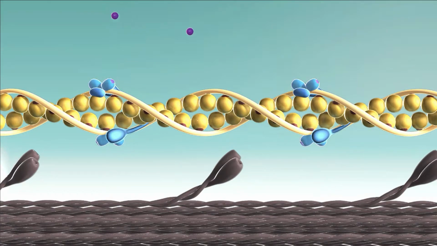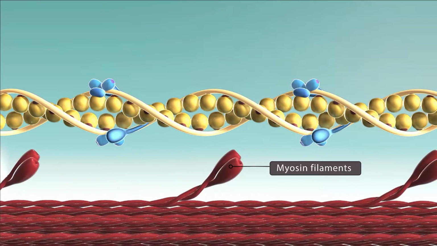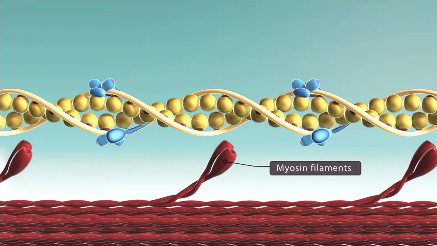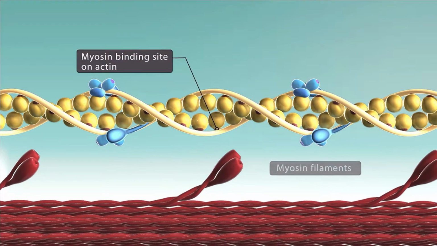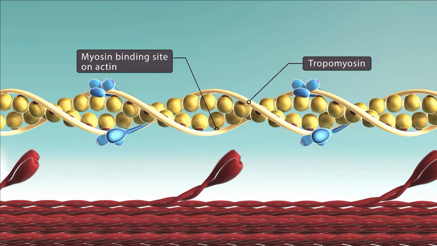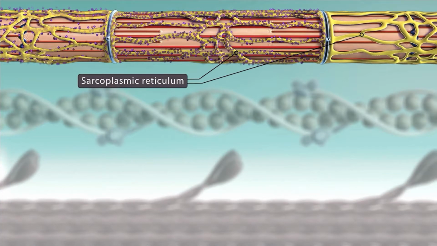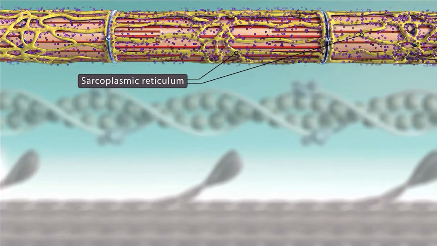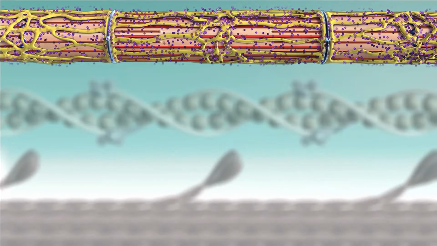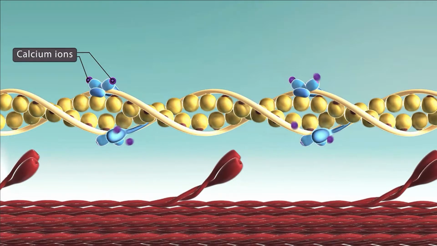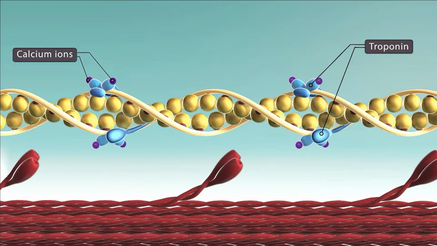In the absence of calcium, the myosin filaments are prevented from binding to actin filaments because the binding site on actin for myosin is covered by tropomyosin. However, when the sarcoplasmic reticulum is stimulated, it releases calcium into the sarcomeres. The calcium ions then bind to troponin.